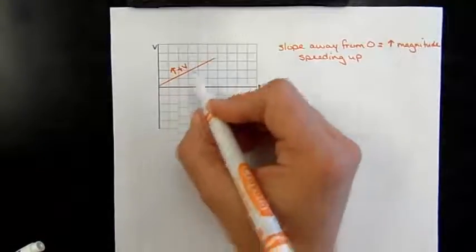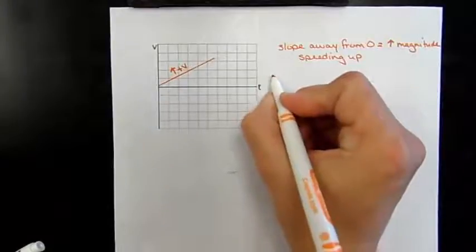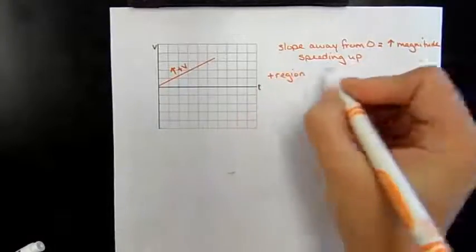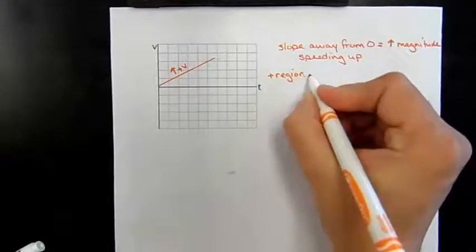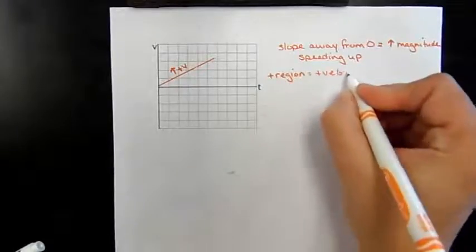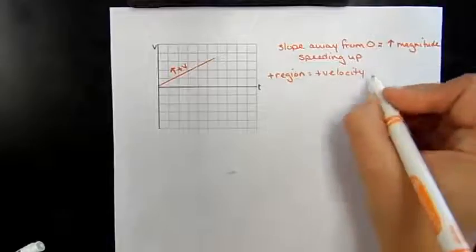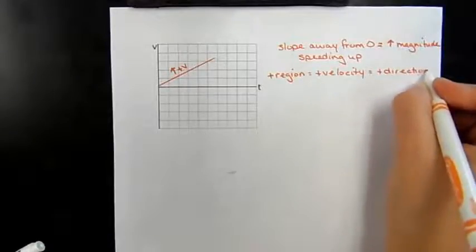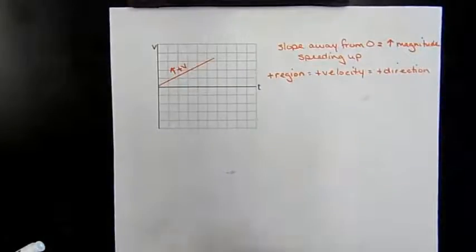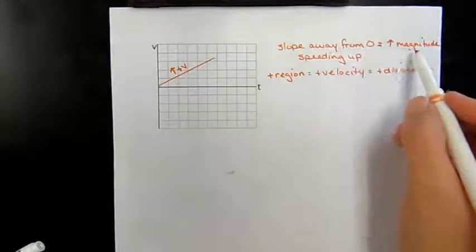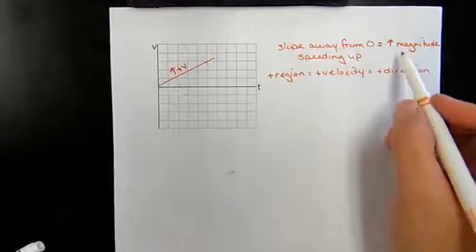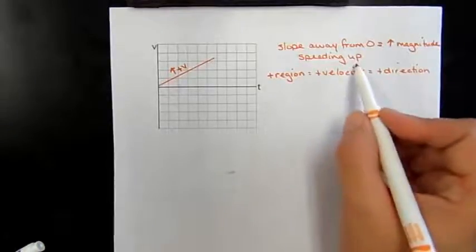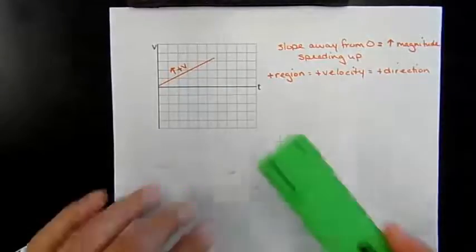Okay, so when we look at this line, we are in the positive region, which means we have a positive velocity, which means we are moving in the positive direction. Our slope is moving away from 0, so we're increasing our magnitude, which means we're speeding up. Now we can do the same thing.